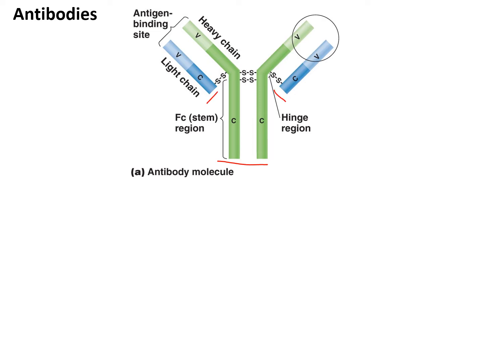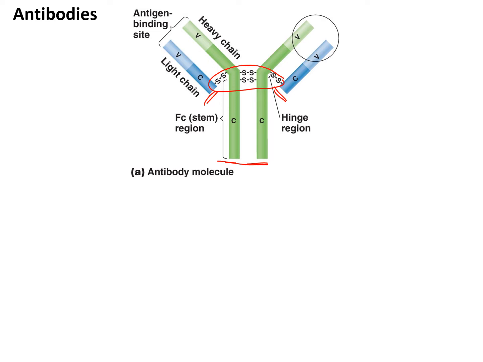The heavy chains are called heavy chains because they are larger, and the light chains are called light chains because they are smaller. The 2 heavy chains are identical to each other, so they have exactly the same structure. And that's the same with the light chains. The 2 light chains are identical to each other. And the 4 chains are held together by disulfide bonds, which help to stabilize the structure of the antibody.